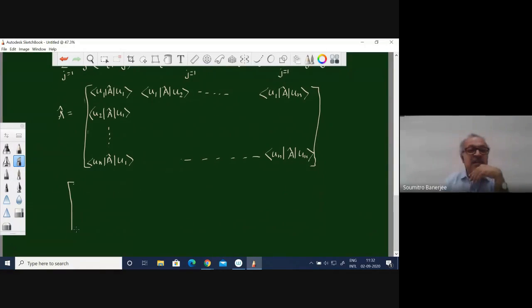And ultimately, you have a situation where the vector C1, C2, up to Cn is obtained as this matrix here.